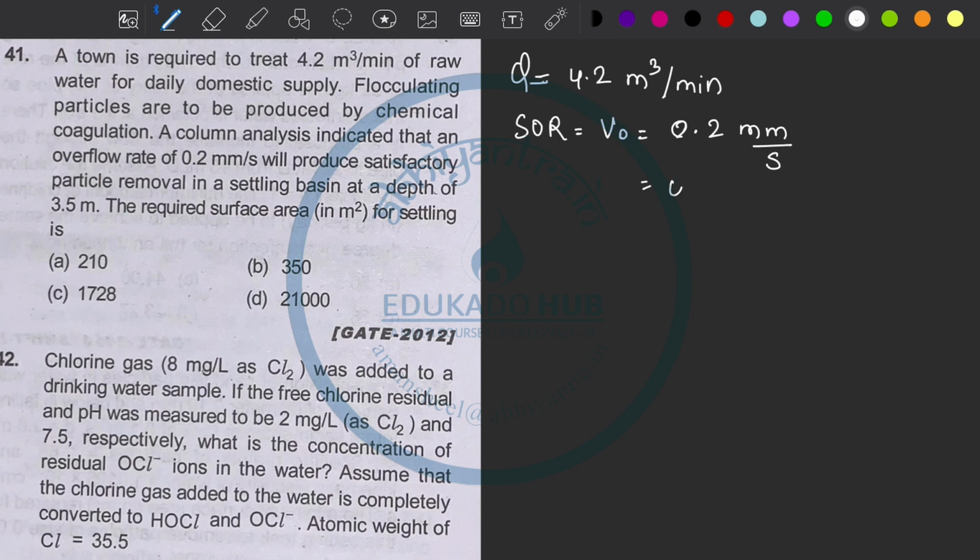I can say 0.2 into 10 to the power minus 3 meter per second. I can change the discharge also: 4.2 divided by 60, since in a minute there are 60 seconds, so meter cube per second will be the discharge. Now I got the SOR as well.